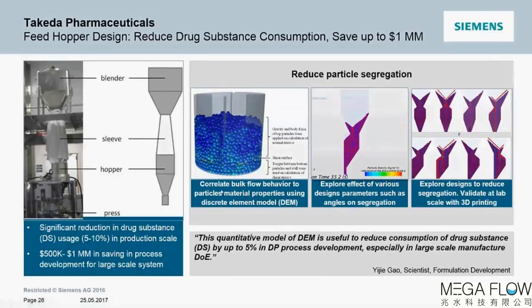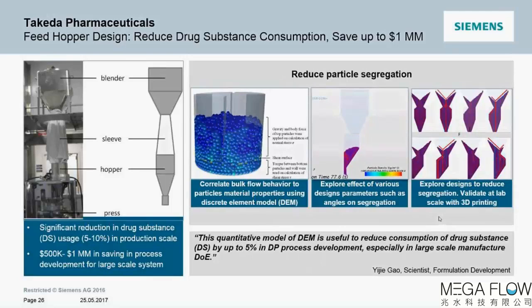In this case, a correlation with the bulk flow behavior of the particles was established using the discrete element method so that the particle properties match the bulk flow behavior correctly. And then as a result, various different designs were explored to find out which design will give the minimum possible separation. And why is it so important to have minimum possible separation?